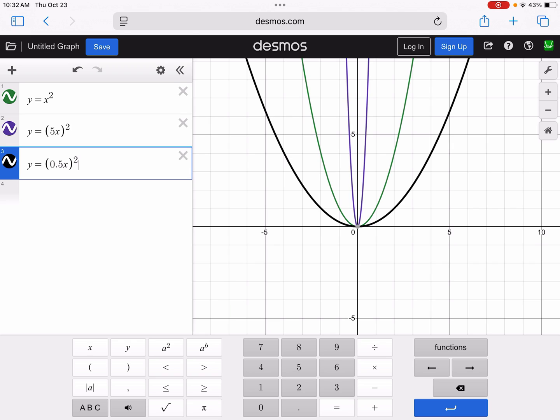If that is the case, then our graph is stretched horizontally away from the y-axis. So this is our y-axis. If you replace x by a number greater than 1, like 4x, 2x, 3x, it goes towards the y-axis. If you pick a number between 0 and 1, it goes away from the y-axis. Okay, so this is our horizontal scaling.